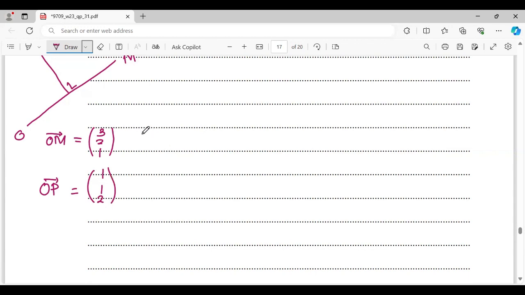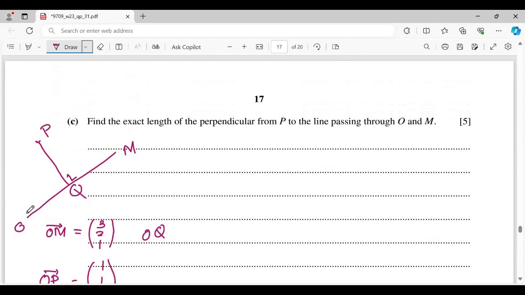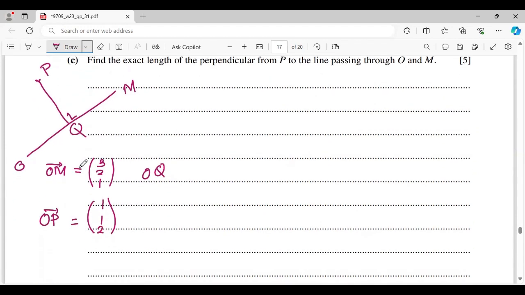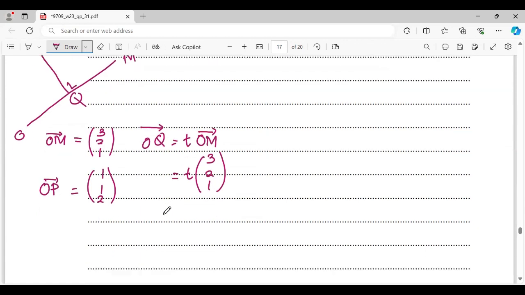And then OQ, this is Q. We don't know the distance O to Q or Q to M, so we are going to find the distance P to Q. Because it has a scale, I'm going to use t. OQ is t times OM, that means t times 3, 2, 1.